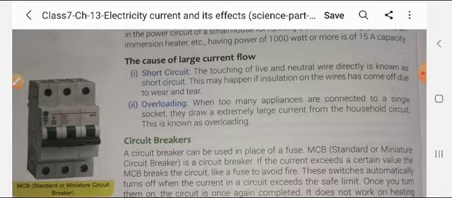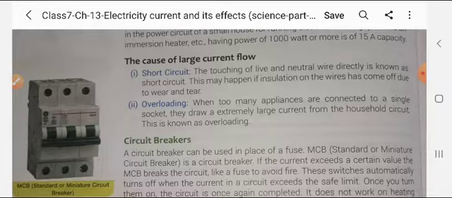In that case, when it pulls heavy power, the fuse wire applied is of lower capacity than the power the appliances are pulling. So in that condition the fuse melts, because more power is coming inside the house appliances, and to make it safe the fuse wire melts.